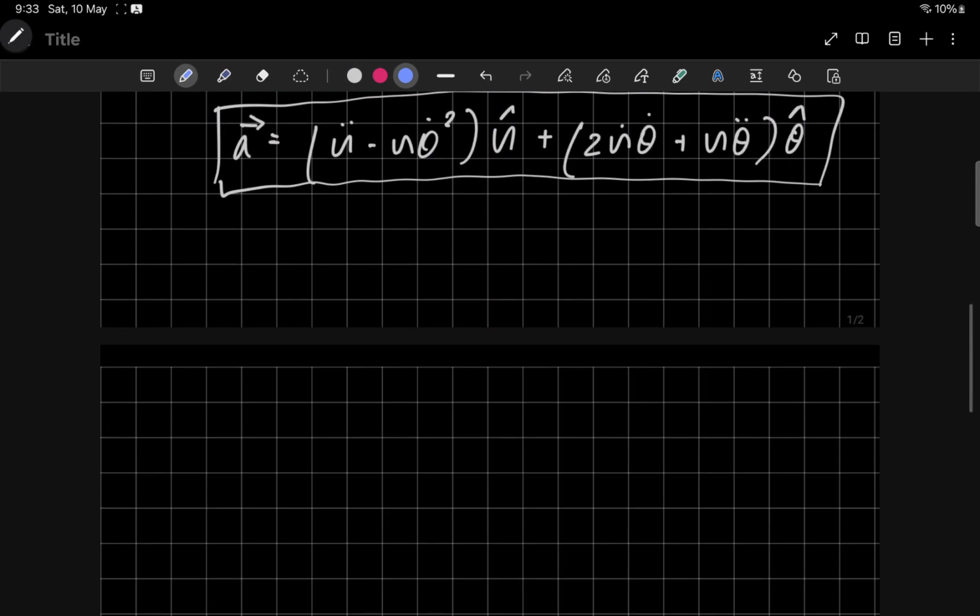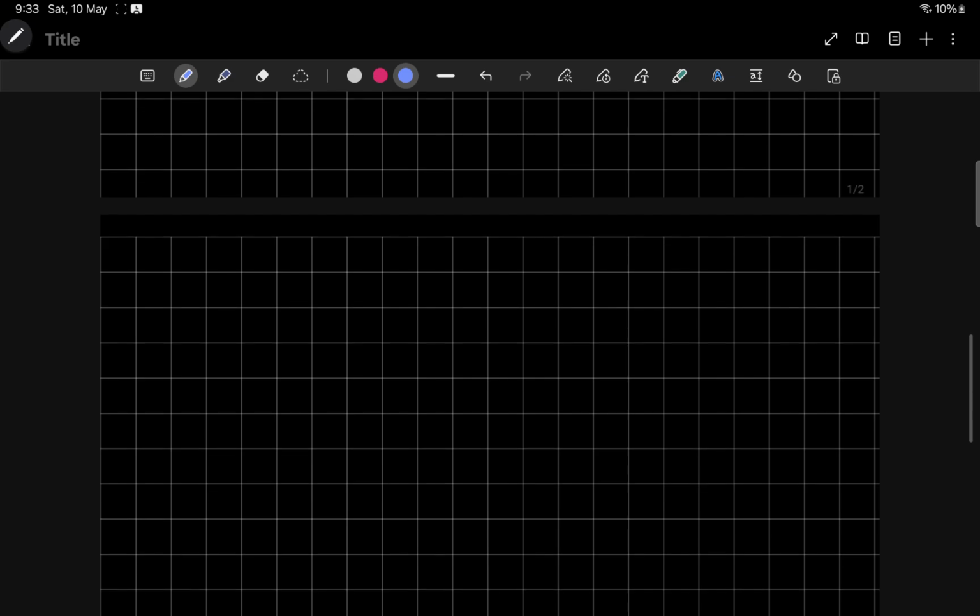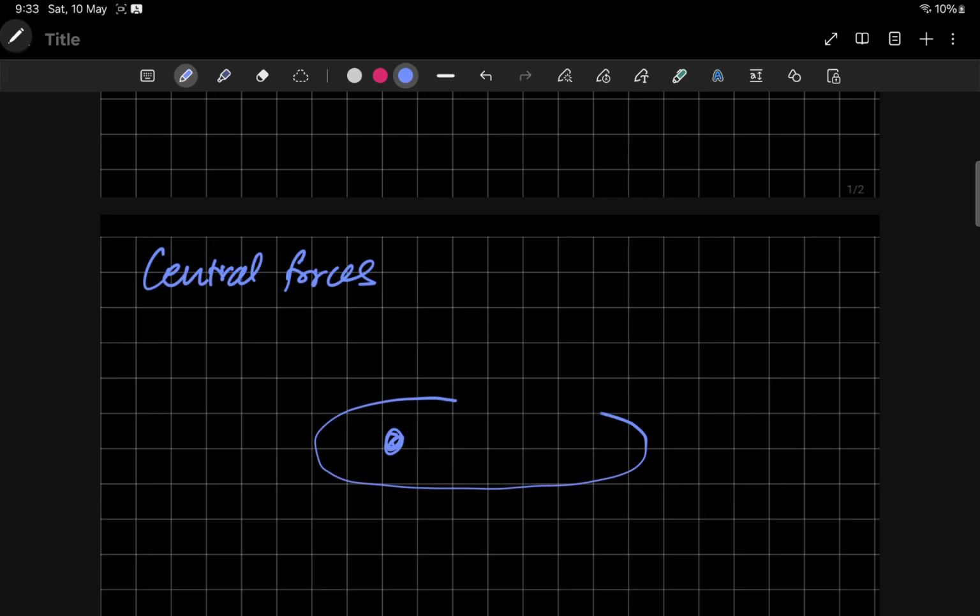Your gravitational force is a central force. So concerning ourselves with central forces, you have the sun here and the earth here, with the sun at one of the foci of an ellipse.